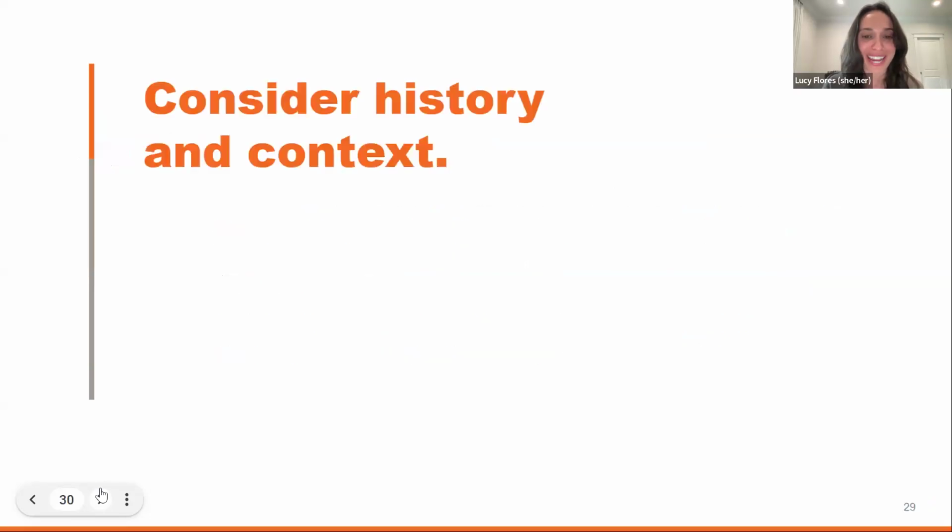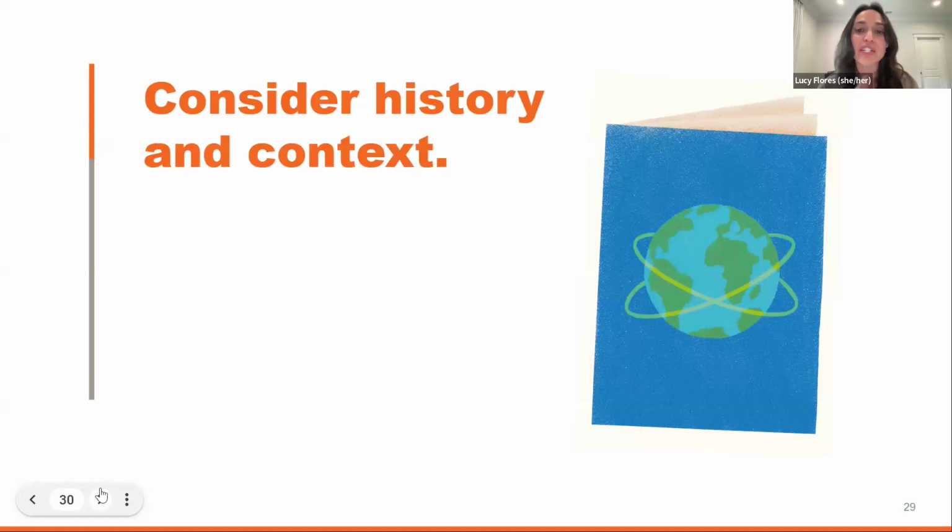And we can go to the next slide where we'll talk about considering history and context. And that is because every topic we work on has been and continues to be influenced by history and context, right? And when I say history, I am referring to the past events that have impacted and influenced your work.